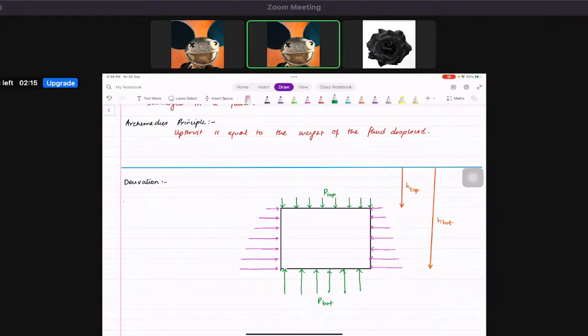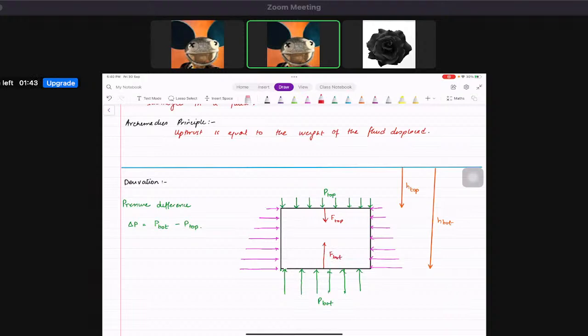So first of all, the pressure difference will be delta P, and it will be pressure at the bottom minus pressure at the top. Because of this, of course, this object will feel a force on top, and it would feel a larger force at the bottom because of the difference in pressure as well.